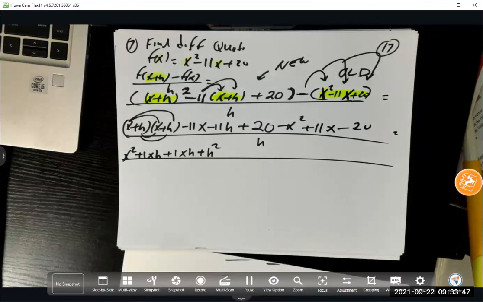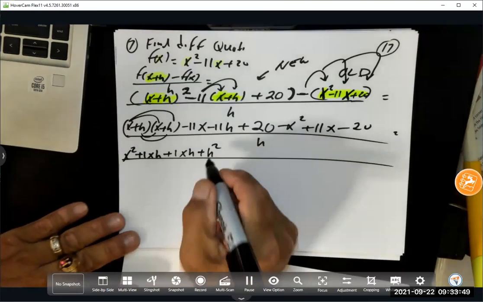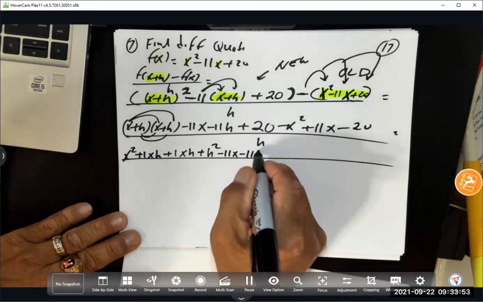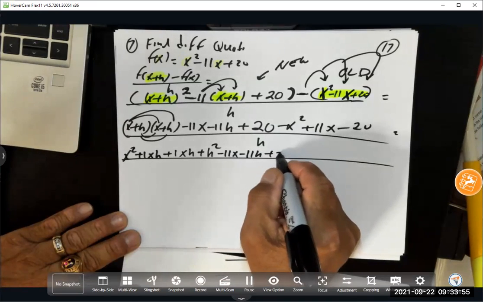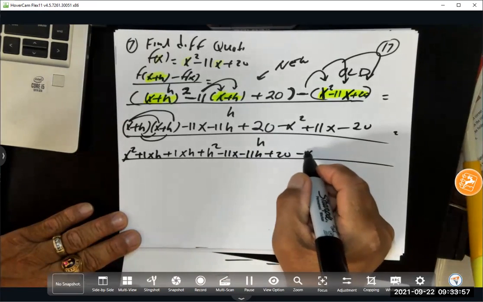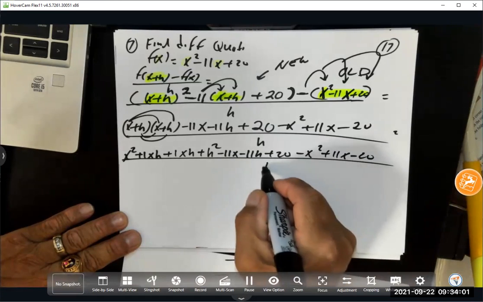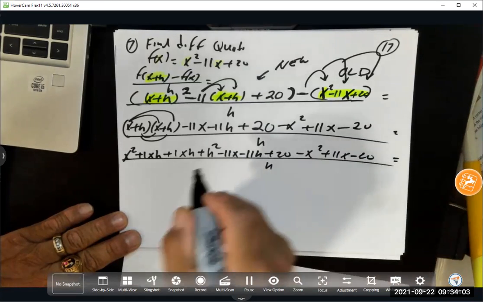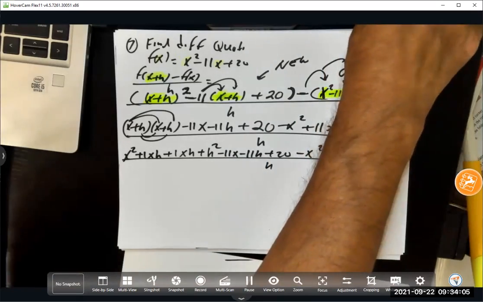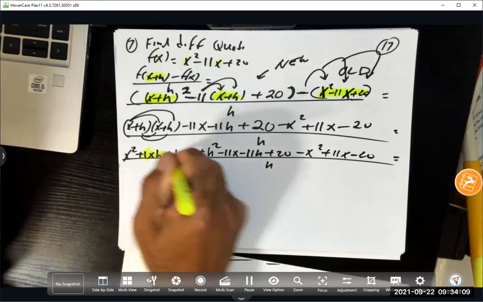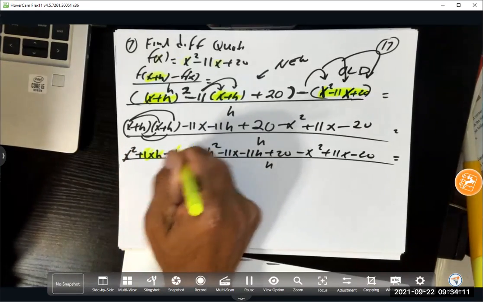Plus, and everything else, I'm just gonna copy it down exactly like it is. Minus 11x minus 11h plus 20 minus x squared plus 11x minus 20, over h. And I told you earlier that if you have 1xh and 1xh, you can add them together and call it what?